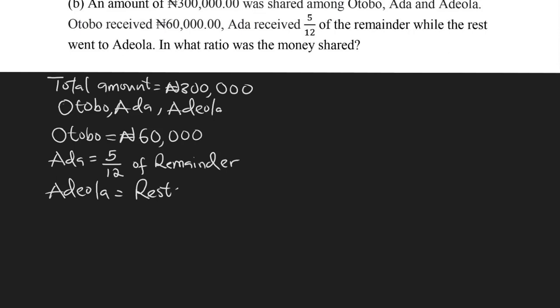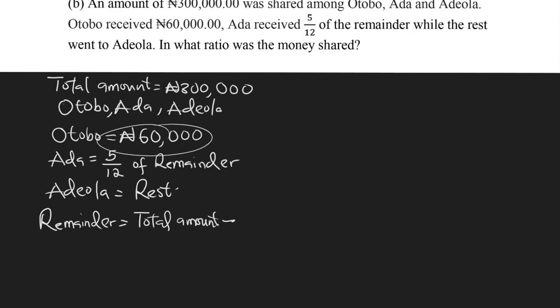So let's get the remainder. So we say remainder is equal to the total amount minus, or subtract, that of Otobo, because Otobo is 60,000 naira.